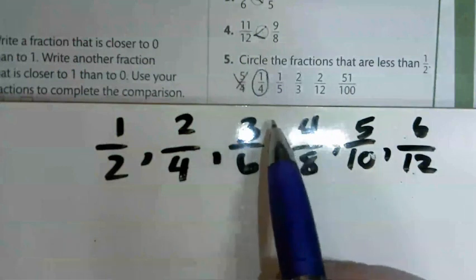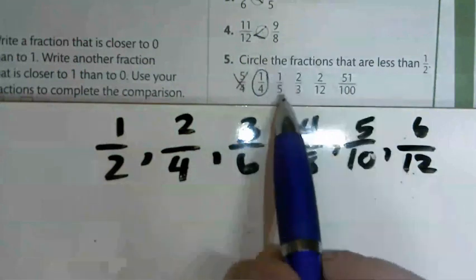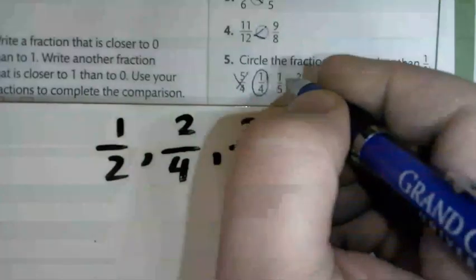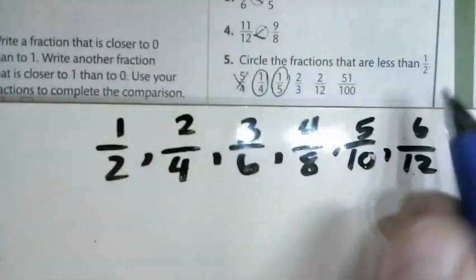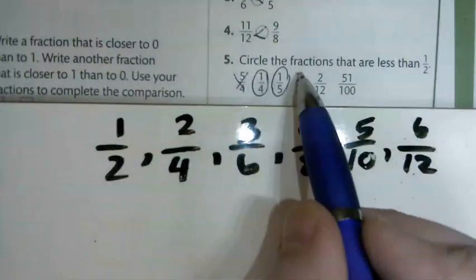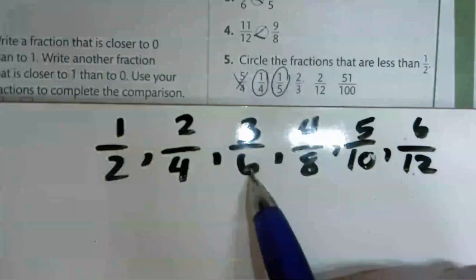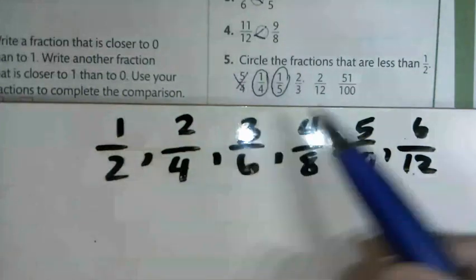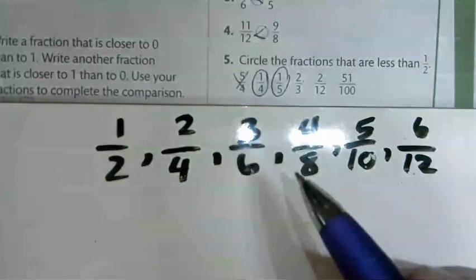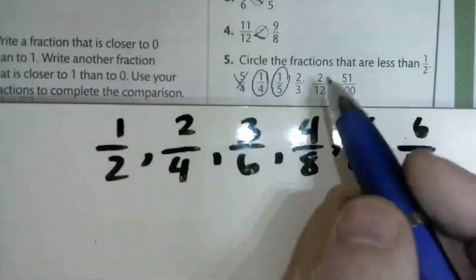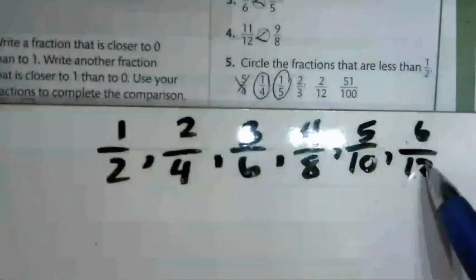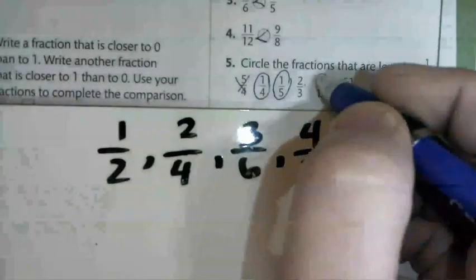Well, that would be like 2/10, right? Well, yeah, that's going to be less. 2/3. Well, that's like saying 4/6. And here's my 6/12. That's greater, right? 4/6 would be greater than my 3/6. 2/12. Well, if I've got 2/12, that's less than my 6/12, right? So I'd circle that one.